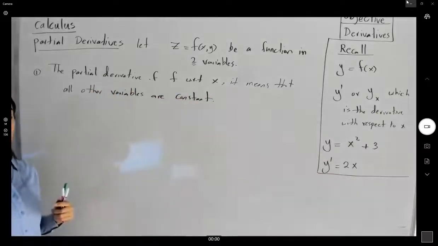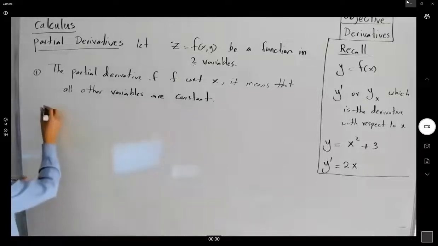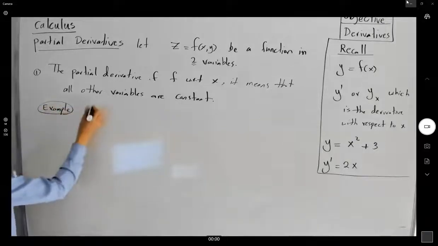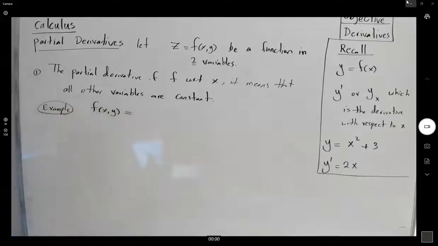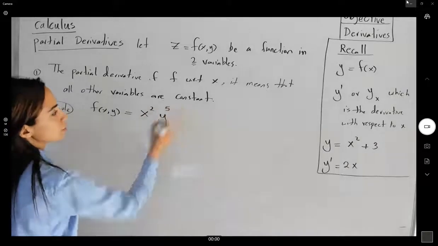Okay. Let me give you one example. In this example, I have this function, f of x and y is equal to x squared y to the fifth.